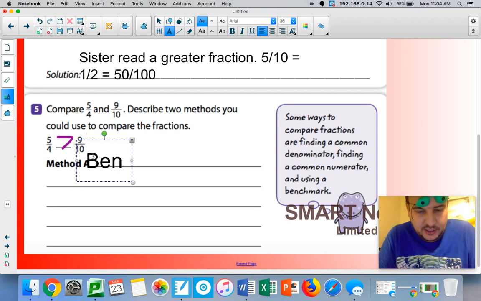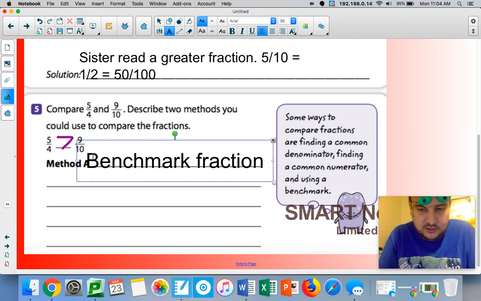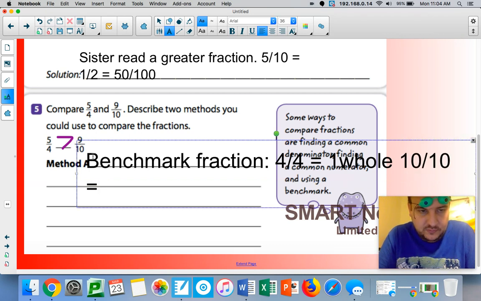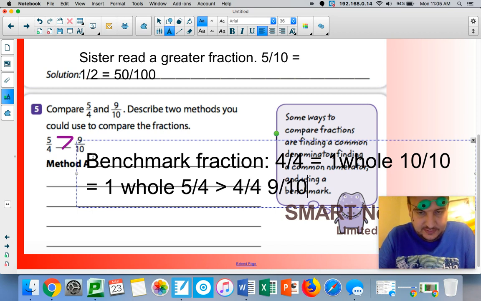Benchmark fraction. 4/4 equals 1 whole. 10/10 equals 1 whole. 5/4 is greater than 4/4. 9/10 is less than 10/10.